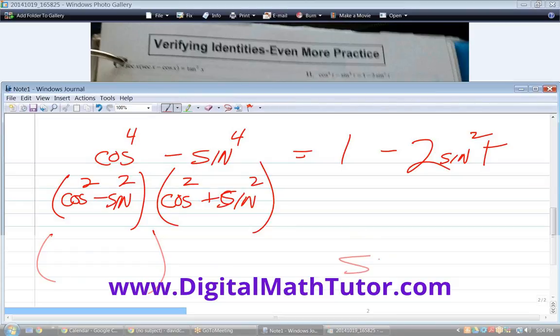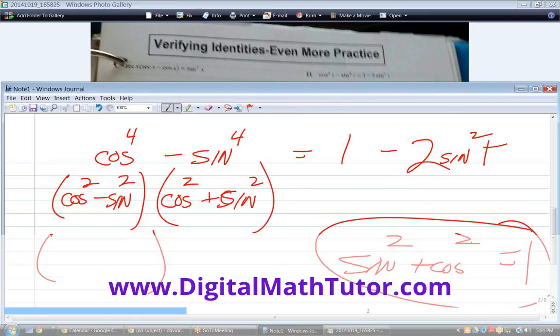You got sine squared plus cosine squared equals 1. Now solve that for cosine squared. It'd be cosine squared equals 1 minus sine squared. All right, so that's what we put in place of cosine squared.